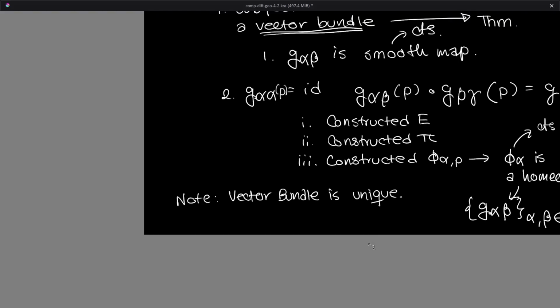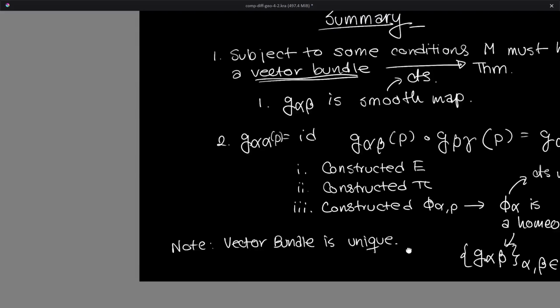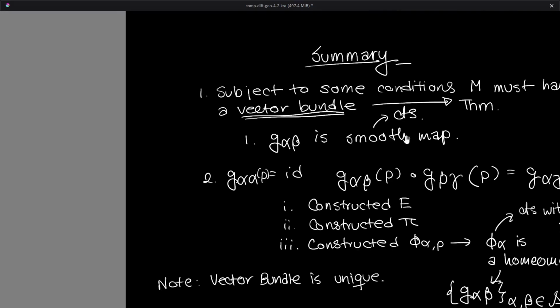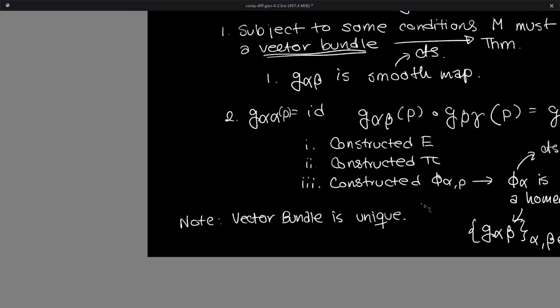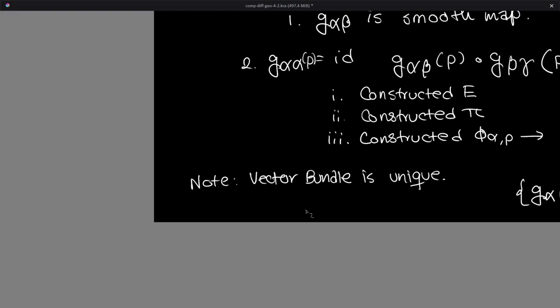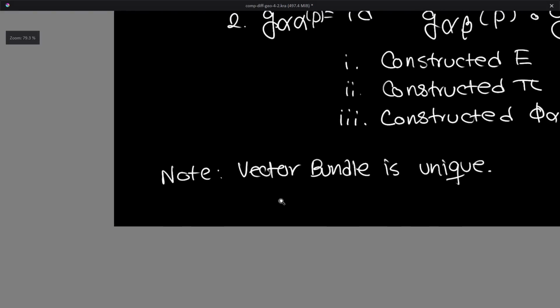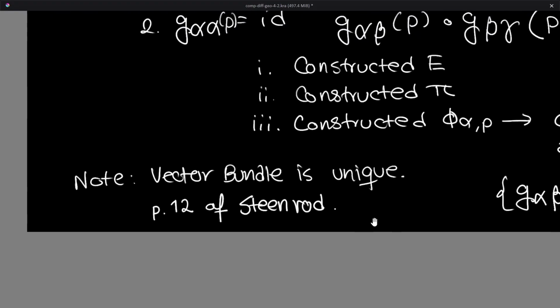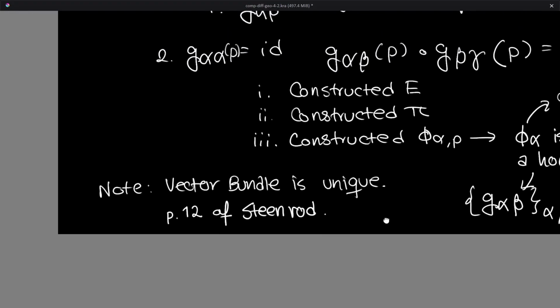There's a paragraph after this part that we covered last about why this vector bundle is unique. It requires some previous results in Steenrod's book. So if you're curious about why this vector bundle is unique, we haven't proved it, and if we tried to prove it, this would be even longer. So you can look at page 12 of Steenrod. It's that same book that I referred to earlier in this part.